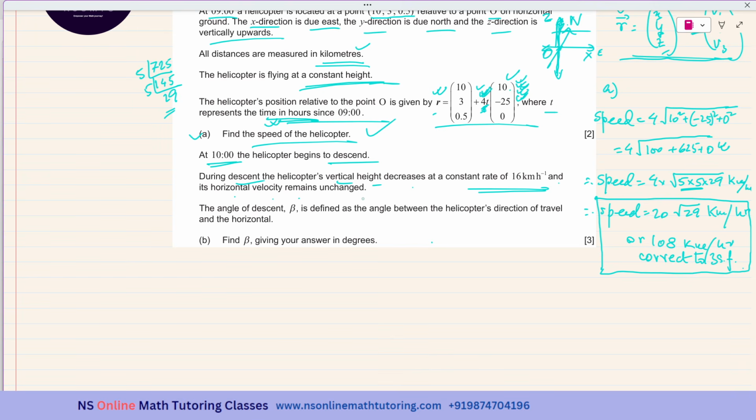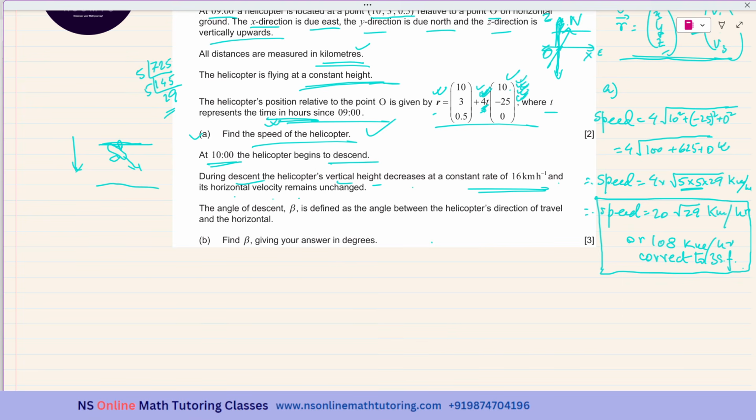Since the helicopter is descending, it will not be descending directly this way. It will be descending like this, Miss. I'm very bad at drawing. It will be moving in this direction. Previously, it was moving at this height maybe, and now it is descending.